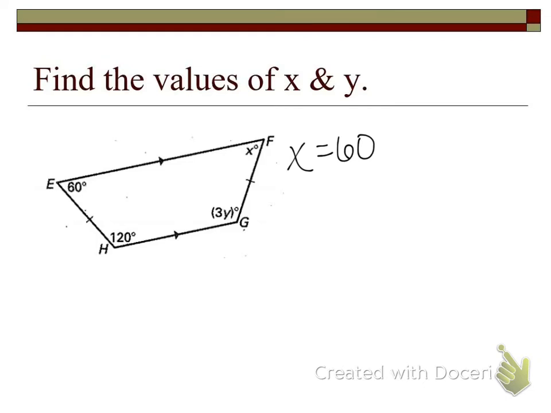That means that 3y has to equal what? 120, and y would then equal 40. Having an isosceles trapezoid makes that a little bit nicer for us. Questions, concerns? Nothing?